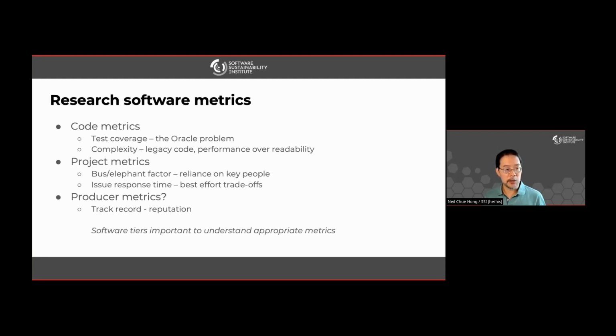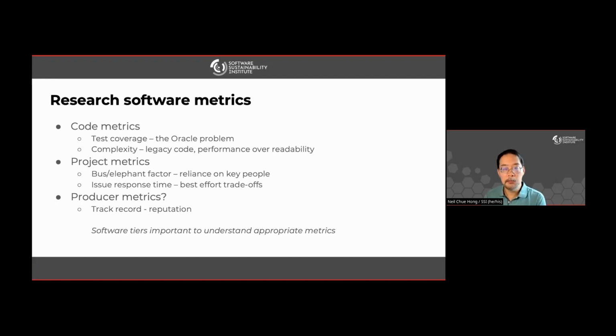In the research world, there's a lot more around track record and reputation. So people will look at a piece of research results and apply a quality rating based on the people who are developing it. And so perhaps here, the research software world is more similar to the game development world, where more is placed on who's producing the piece of software than necessarily the quality of the software itself.